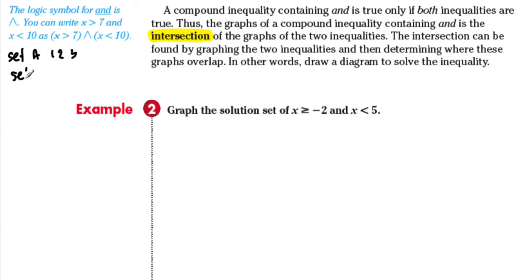And set B is a group of numbers 3, 4, and 5. So this is set A, and set B is 3, 4, 5. If I say what is the intersection of A and B, the upside down U is also an indication of intersection.